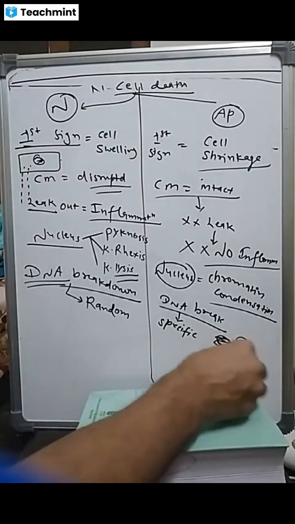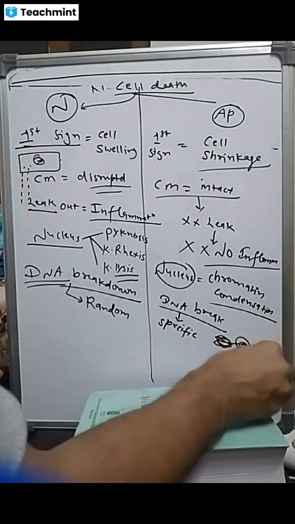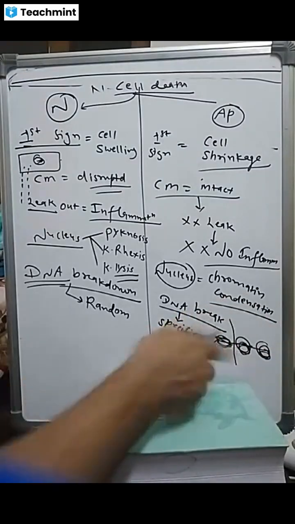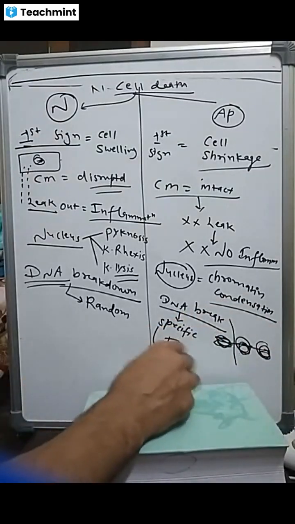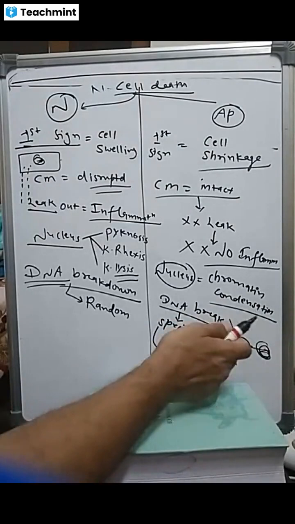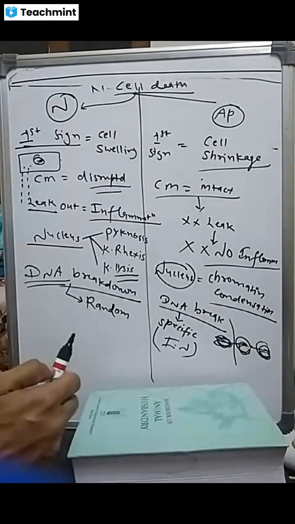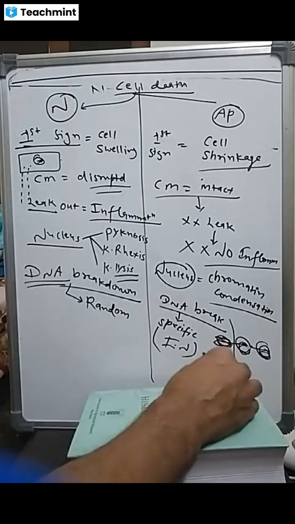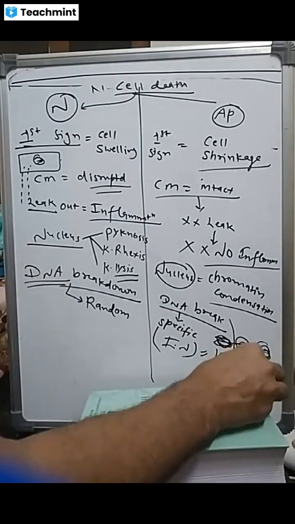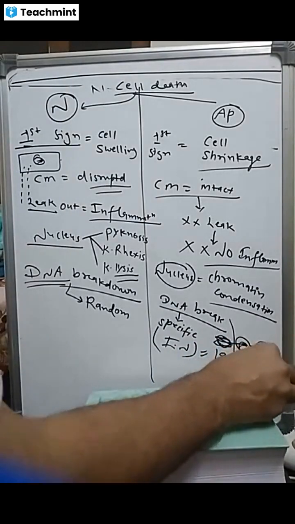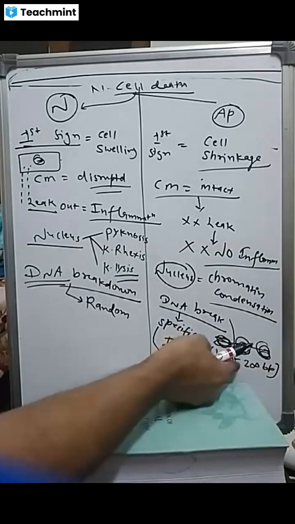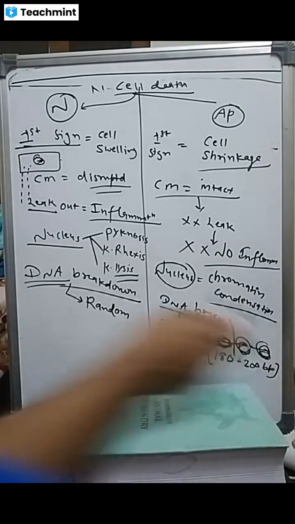These are the nucleosomes. The breakdown is in between two nucleosomes. So specific means internucleosomal breakdown, and that gives fragments of 180 to 200 base pairs.